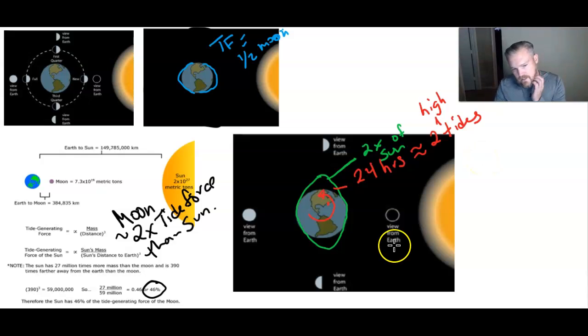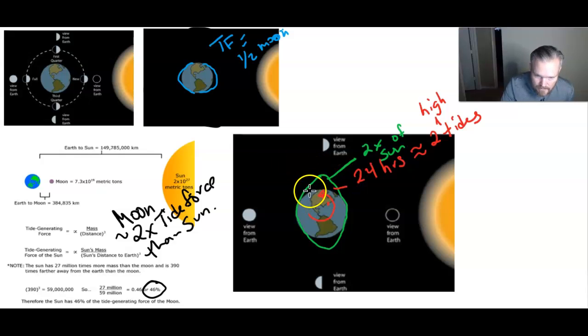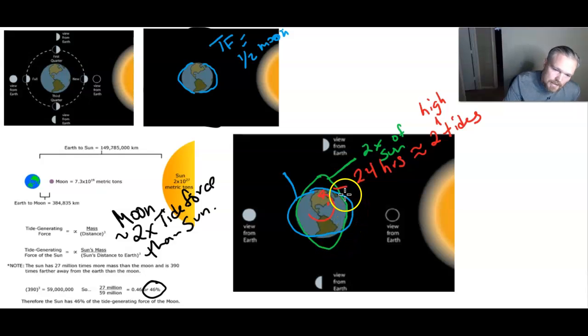But let's look at what happens with the sun's interaction, because remember, this drawing isn't quite complete. You also have the sun's tide, which will look like this. So on this day, as the Earth rotates around through that bulge, you'll go through a high tide, then a low tide, then a higher low tide, then a high tide, and then a higher low tide.